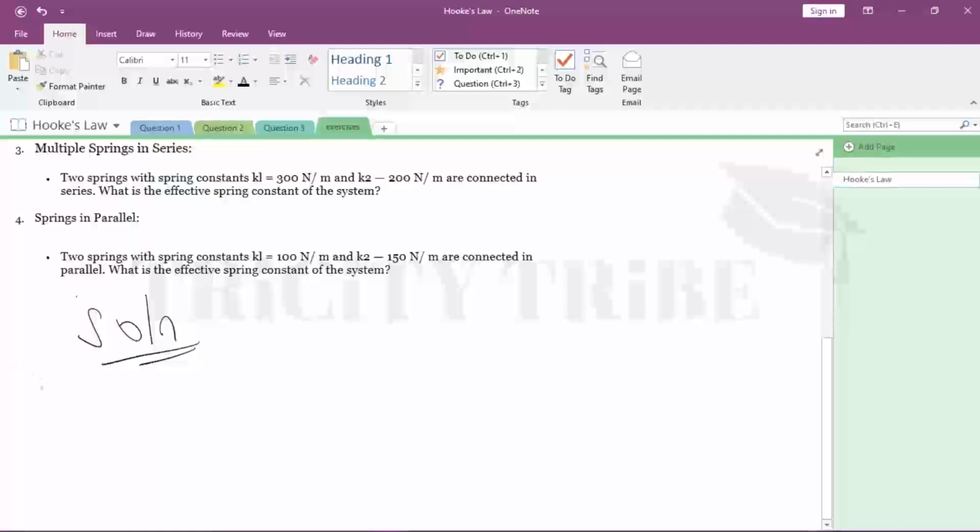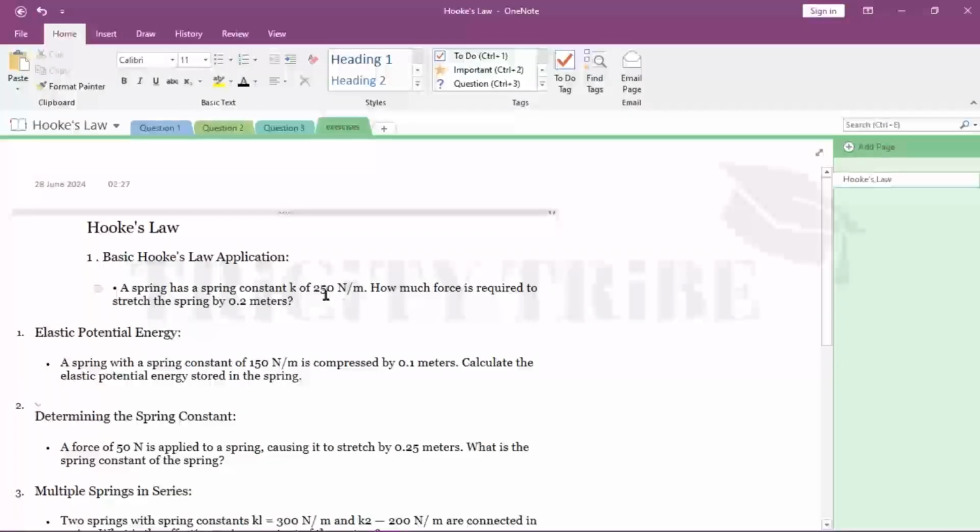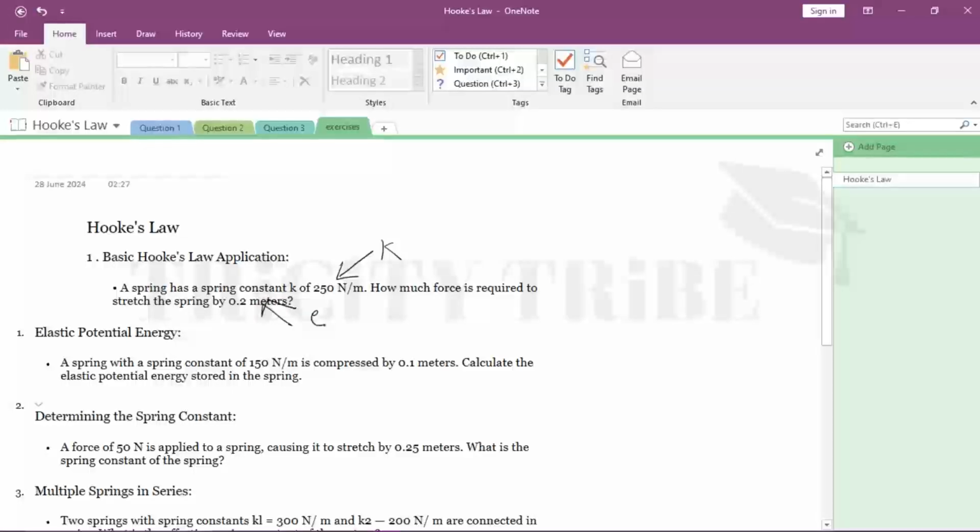For number one, we're told that the spring constant is 250 Newton per meter. So this is our K, and this is our E. Then for the force, that is what we have to find.